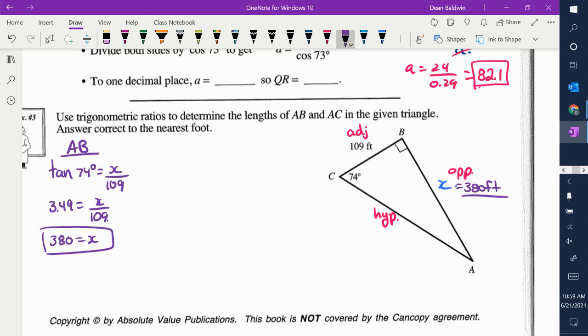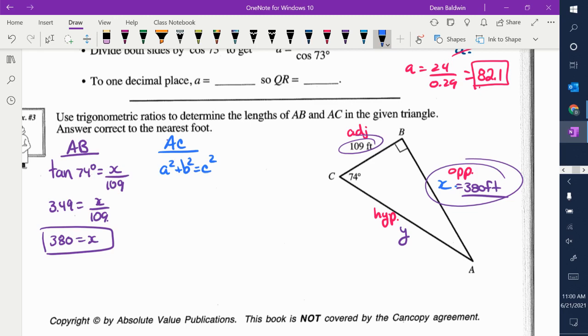All right, now what? So you have choices now, right? You want to use the Pythagorean theorem? Because we know two sides and it's a right angle triangle, to find this side, AC, which I'll call Y, I can use the Pythagorean theorem, which is a squared plus b squared is equal to c squared.